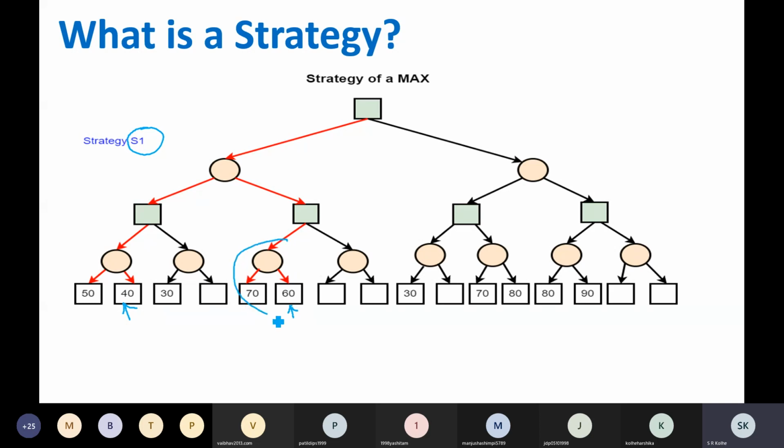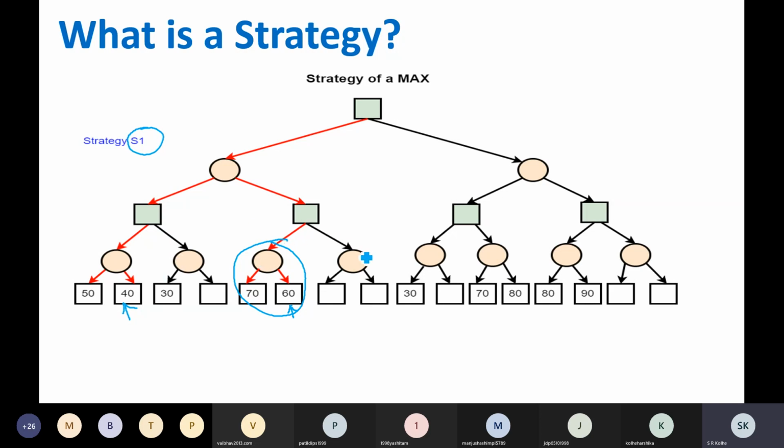So this part belongs to strategy S1. There is another possibility. Max can select this right one also, depending upon the utility value, either this or this for the same move from the same strategy, similar type of strategy.